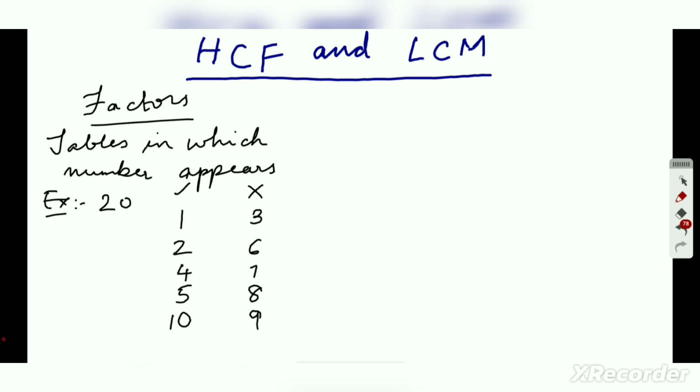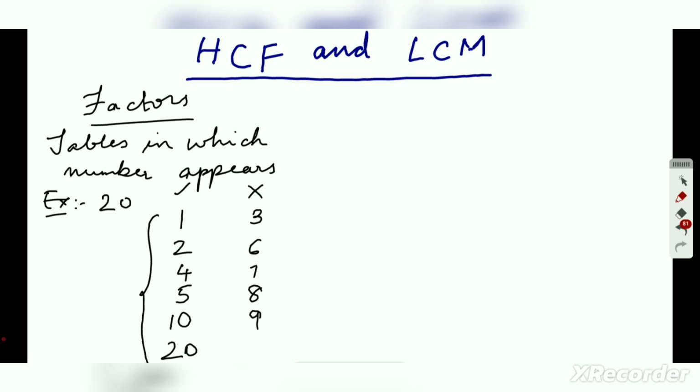No. 20 doesn't appear in any of these tables, and 20 next appears in the table of 20. So these are the factors of the number 20. The tables in which the number 20 appears are the factors of this number.